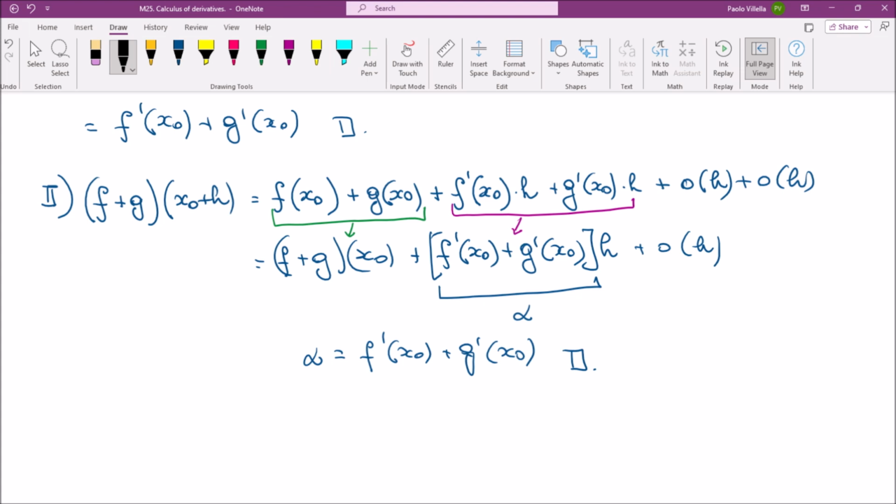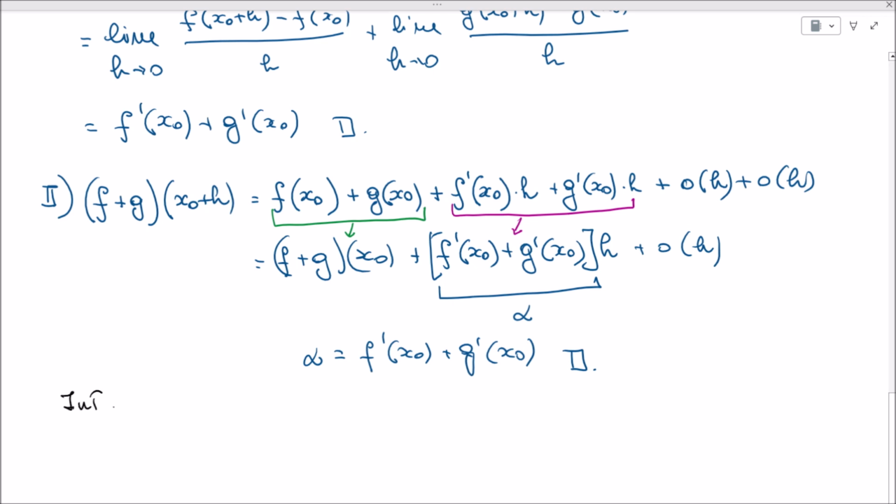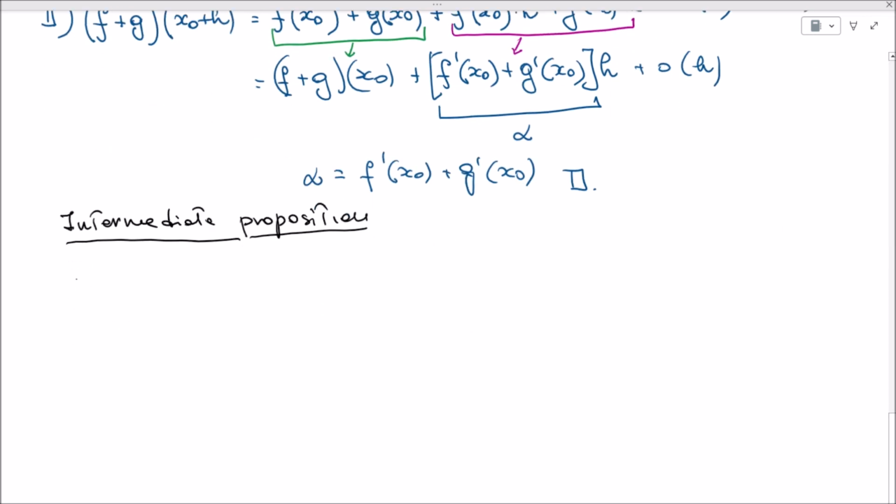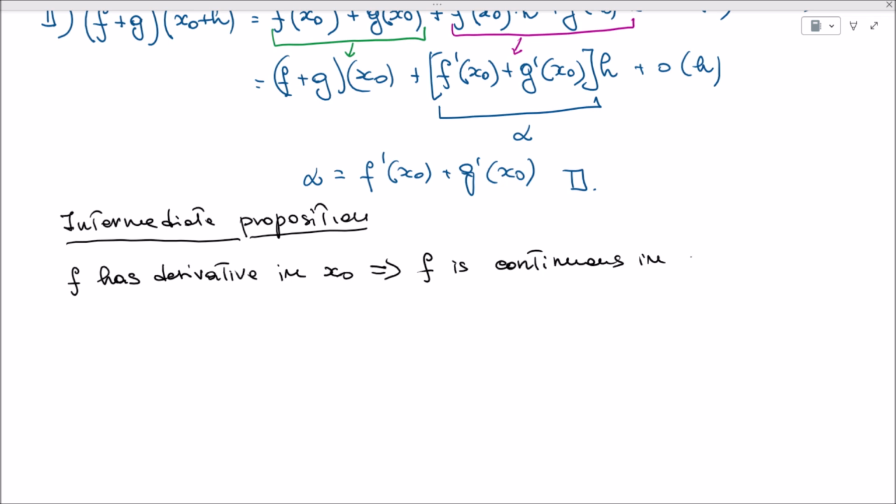Before moving to the next theorem, theorem 2, we want to make an intermediate observation or proposition, which is the following: if f has derivative in x naught, then we can say that f is continuous in x naught.